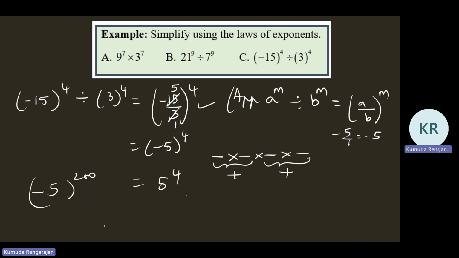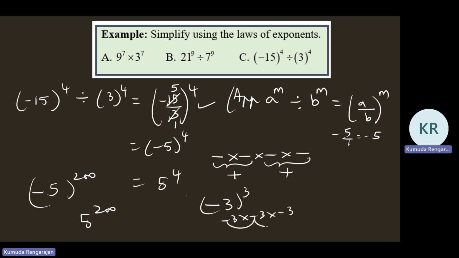Minus into minus is plus, so you'll have 100 pairs, and each pair is positive. So minus 5 to the power 200 is nothing but 5 to the power 200; the value won't change. But if it is minus 3, the whole power 3, it's minus 3 into minus 3 into minus 3.